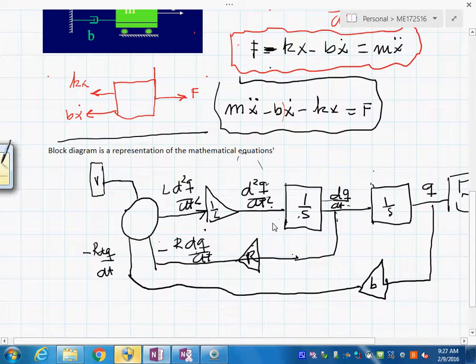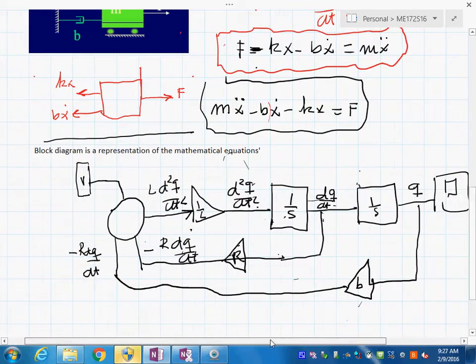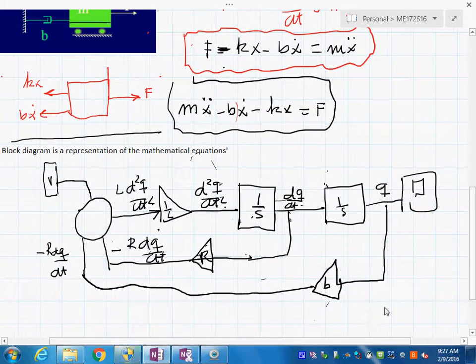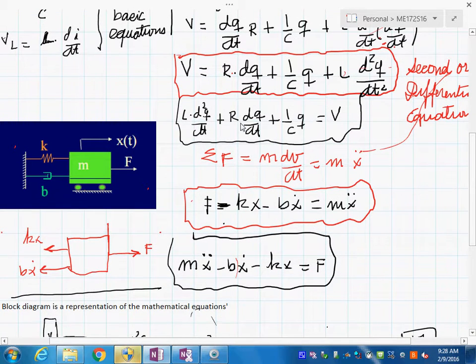So you see what's happening here is that from this equation, you can see that this is an input here, and this is the summation of these voltages. But the way we go about producing this block diagram is writing the equation in terms of the highest order derivative.